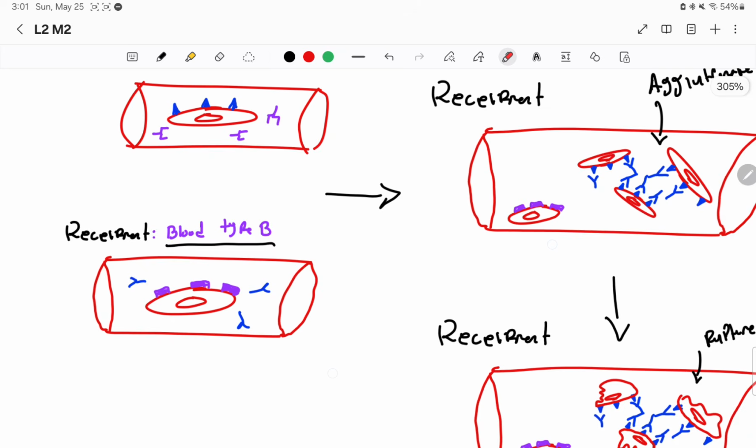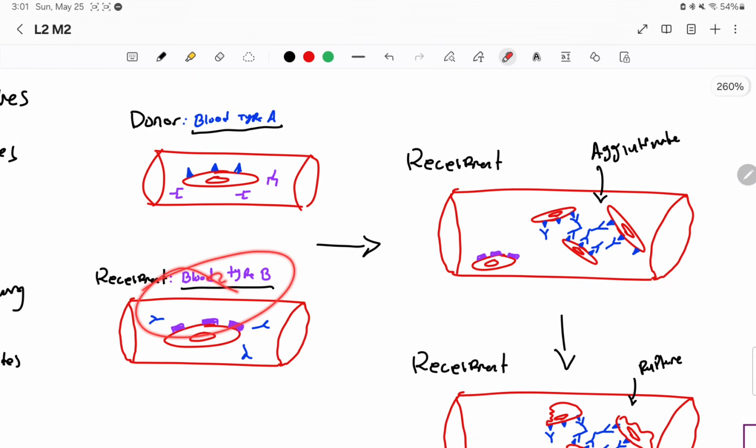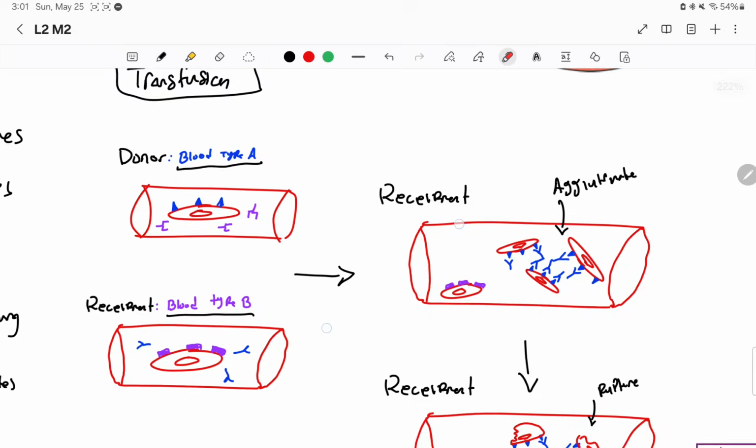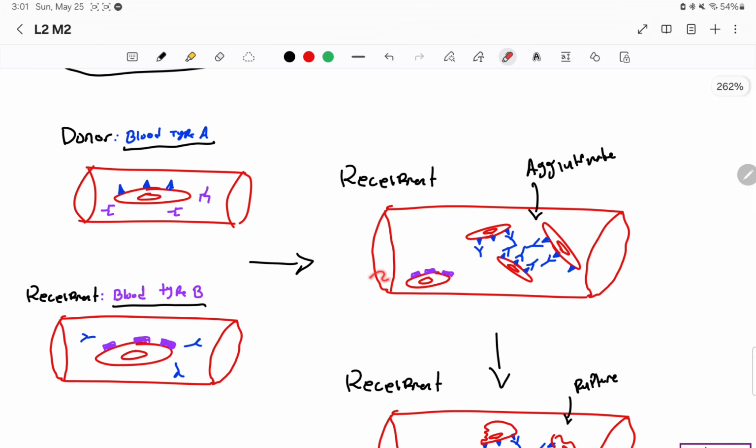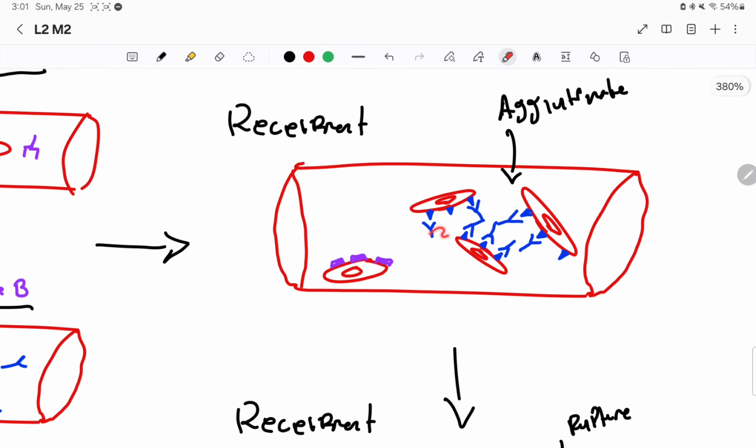Let's see what happens when this recipient receives type A blood. And remember, this blood transfusion is being done because they need more red blood cells because they are in danger of low oxygen, okay? Because red blood cells carry oxygen. When the recipient receives the type A blood, look what's going to happen.